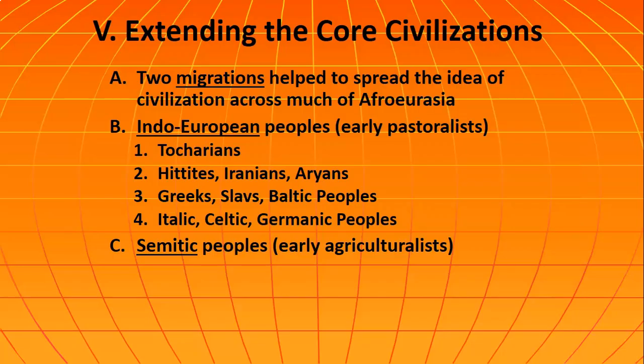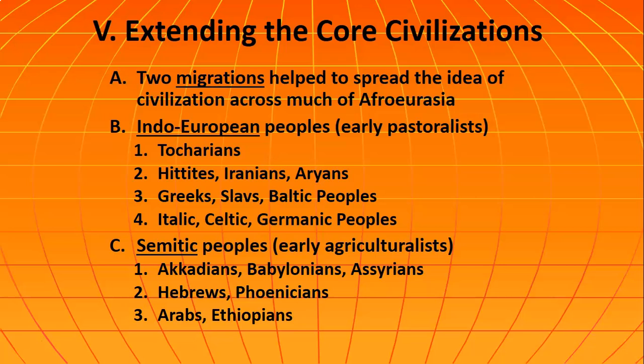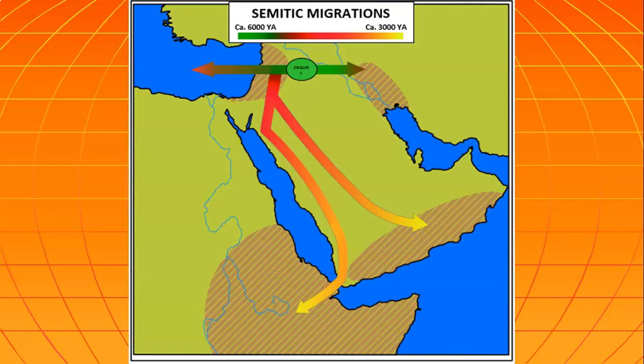Another group, known as the Semitic peoples, were early agriculturalists. They were among the first people to learn to domesticate plants. They, as is listed on your sheet, move in waves, but in very different waves.